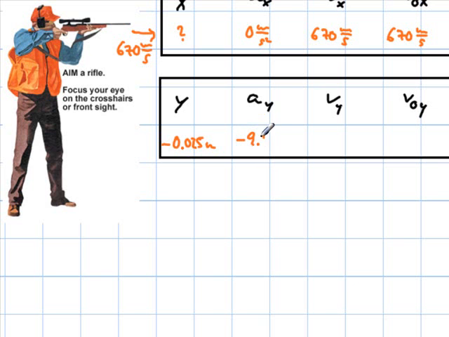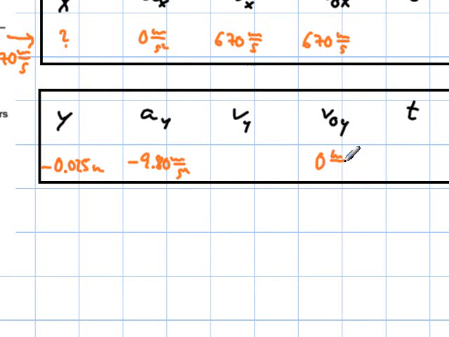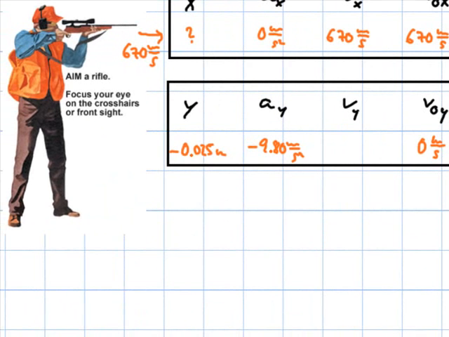Acceleration in the y, of course, negative 9.8 meters per second squared. This one here we don't know. That's the end velocity in the vertical, and they don't ask us for it, so we perhaps don't need it. And this one here we do know because it's shot horizontally. The initial velocity is 0 meters per second in the vertical, and time we don't know.